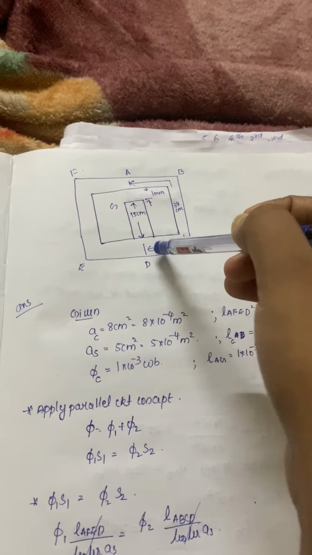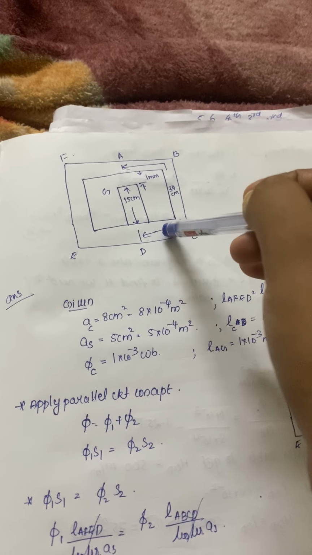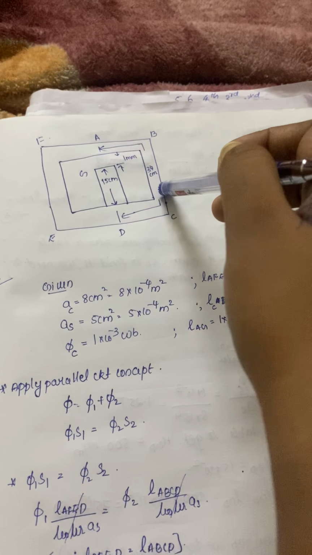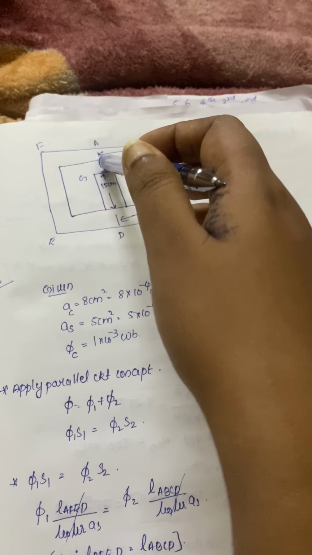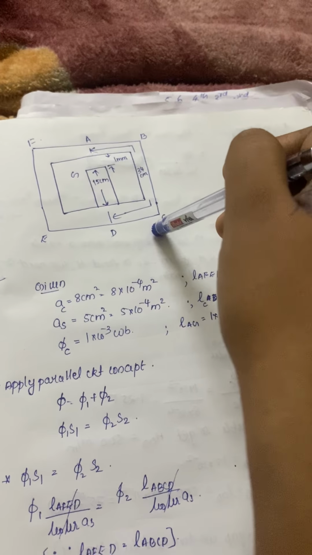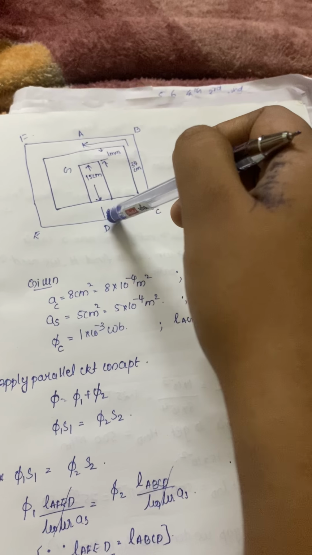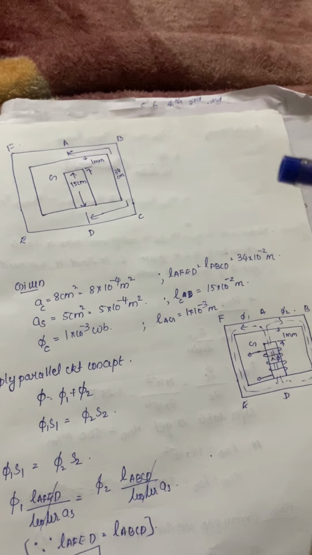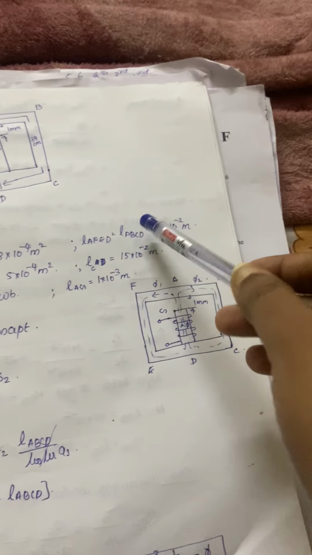Now see the figure. Definitely search for some data in the figure. Yes, you have the data. The length of the magnetic path ABCD is given as 34 centimeter. Also AFED is 34 centimeter. Definitely the length of the path GD is given as 15 centimeter. There is an air gap of length 1 millimeter. So write them.